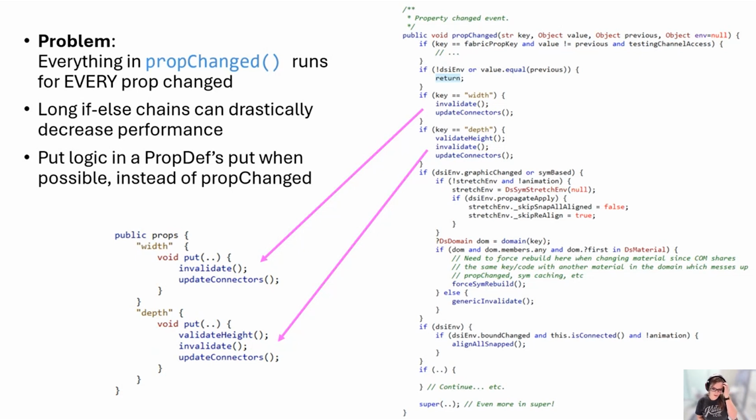Technically, the performance will go up, but it's orders of magnitude less than a series of if checks would. So scaling up a propChanged will start getting really, really slow when you have many checks. So be smart about it, and whenever possible, try to put things in your actual PropDefs instead, because those are written to be as performant as possible at any scale.